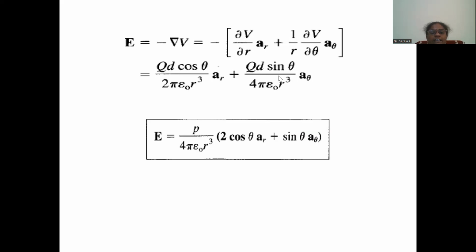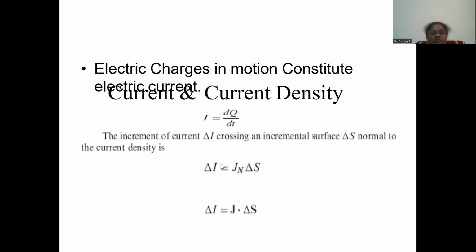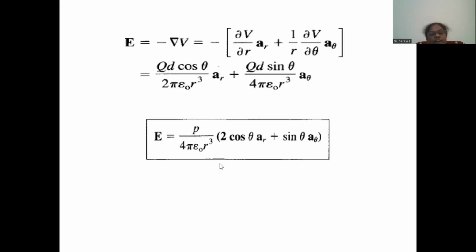If we calculate this, we get these values. Now E is equal to, instead of Qd, we write p, and we take 4 pi epsilon naught R cube as common. So here we get 2 cos theta aR plus sin theta a theta. So this is about the gradient of V.